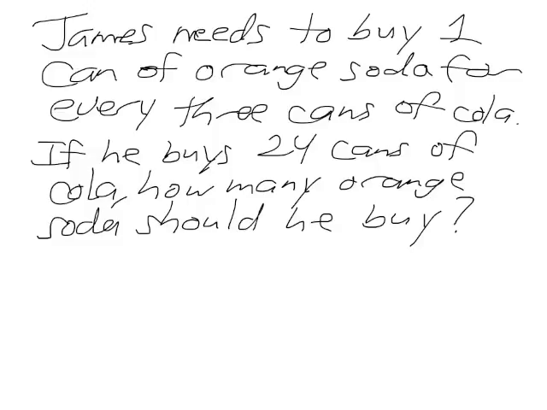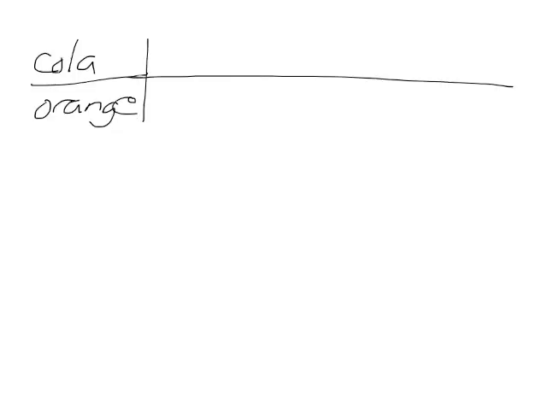So here's what we want you to do. Pause this recording right now and see if you could do this problem. And when you're done, start the recording again and see if your answer matches our answer. All right, so what did you get for your answer? Because what we did, we said, okay, we figured out that there was cola and there was orange. And we knew that for 1 can of orange, he bought 3 cans of cola.